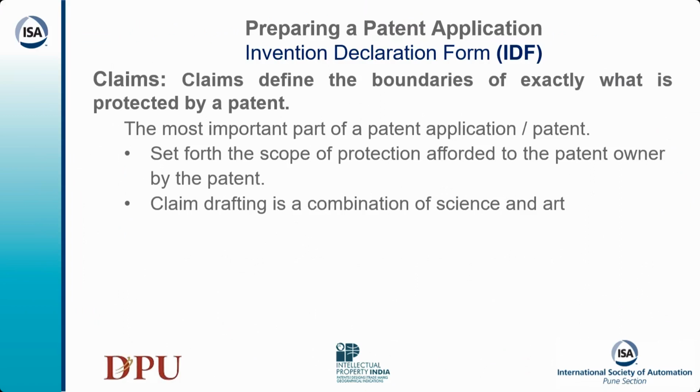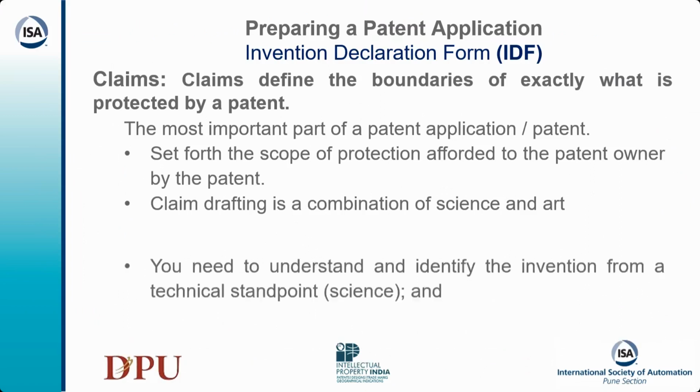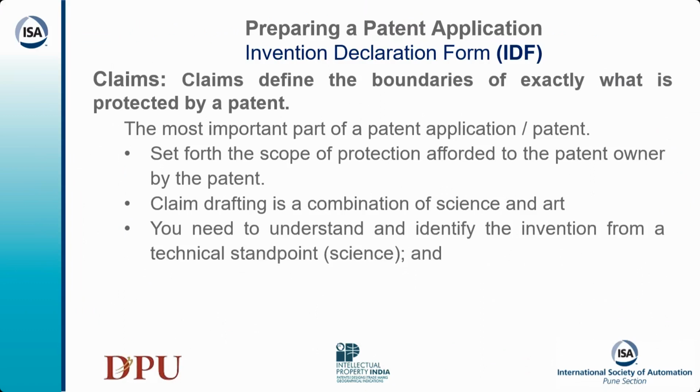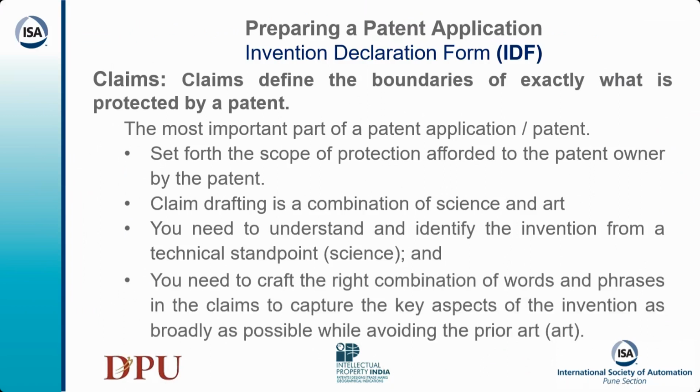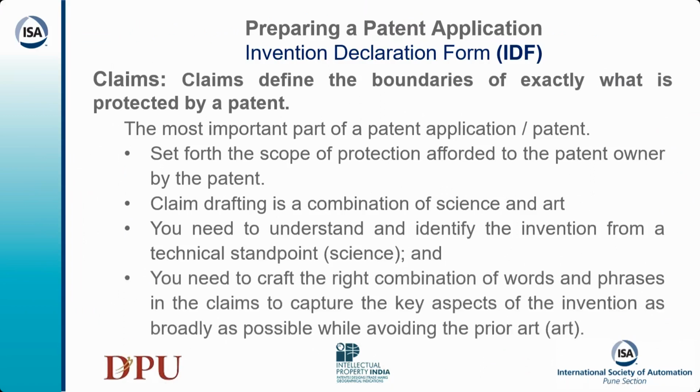Whenever we are drafting the claims, we have to understand that you need to identify the invention from the technical standpoint, the science point of view, and you need to craft the right combination of words and phrases in the claims to capture the key aspects of the invention as broadly as possible while avoiding the prior art.